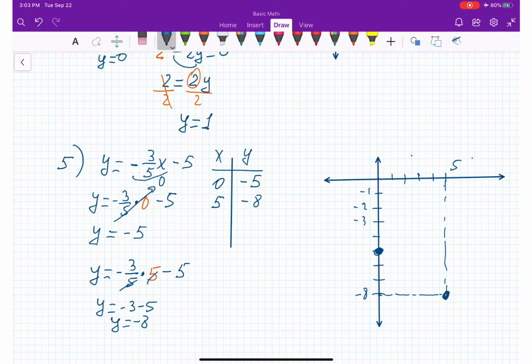This is my point. So we have 2 points. We can draw the graph. Nice and easy. Okay. Number 6.